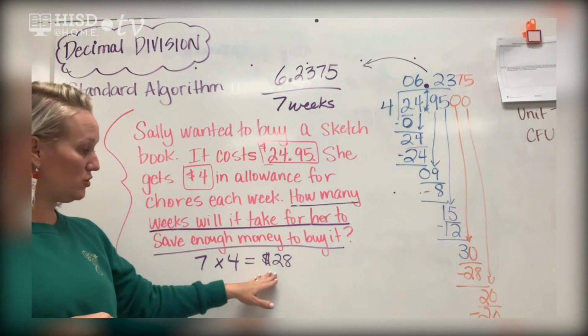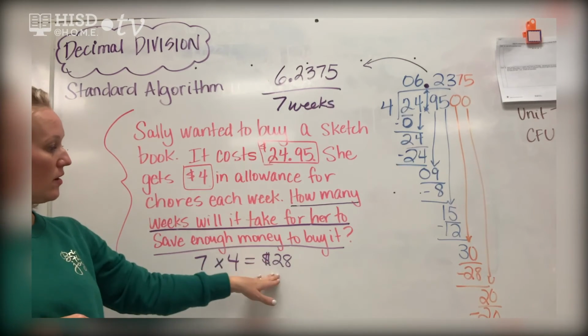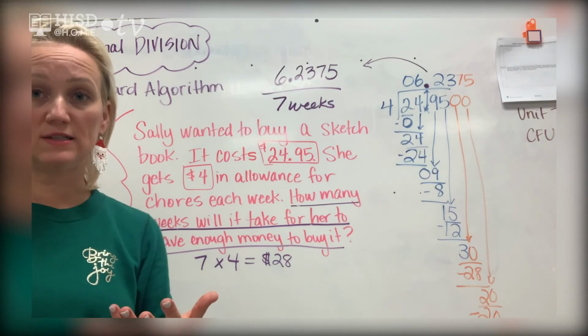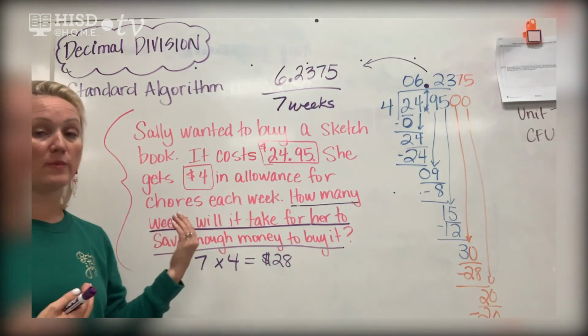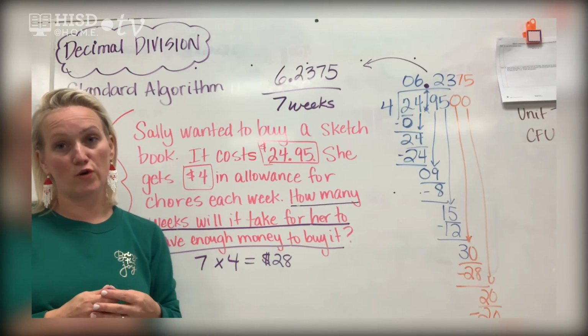This also helps you to think, does it make sense that it would take her that long? And the answer is yes. If you would have gotten an answer that said 50 or 60 weeks, you would logically know you made a mistake in your math because it couldn't possibly take that long if she's making $4 every week.